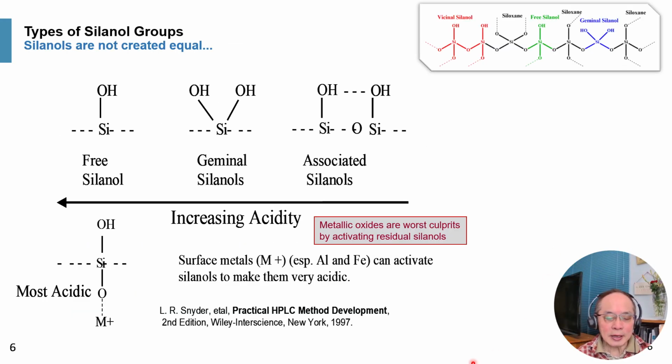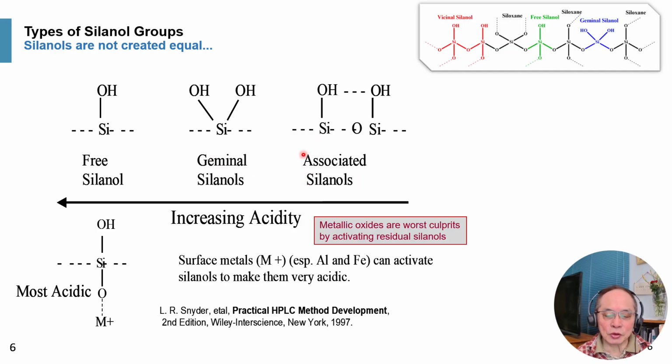Okay, in the late 90s, research from Alois Snyder and Jack Kirkland looked into the different types of silanol groups, and they found out that silanols are not created equal, meaning that the activity is not the same depending on the position of the silanol group.